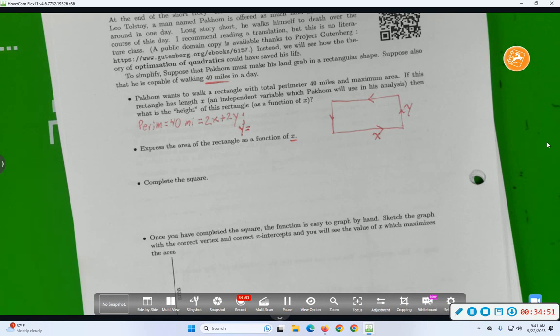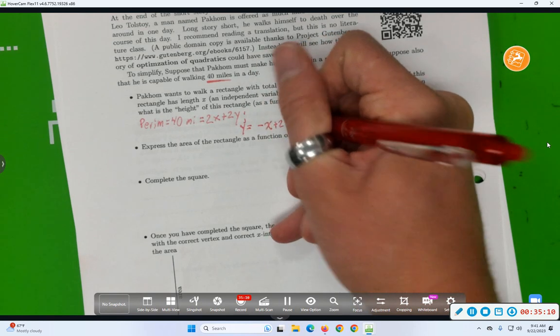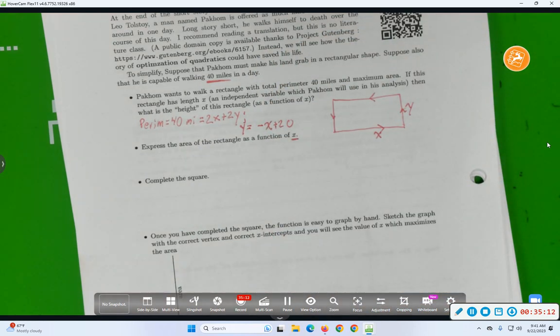Negative x plus 20. Or 20 minus x if you prefer, but that's the same.